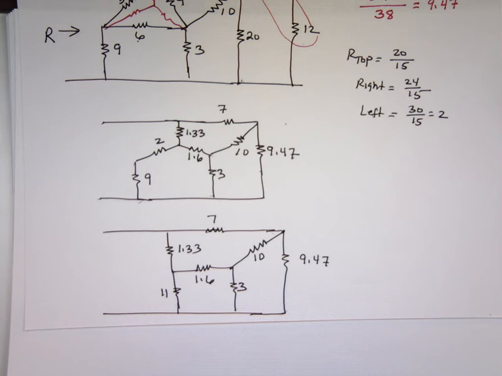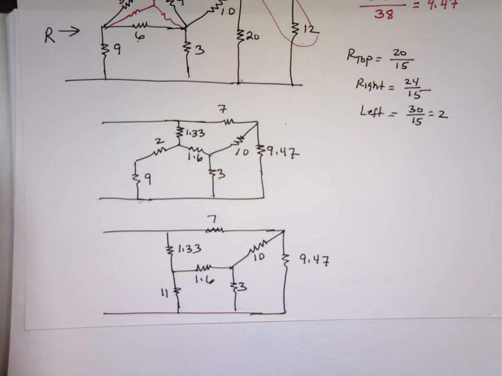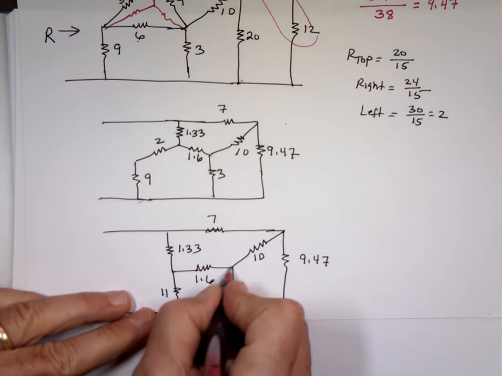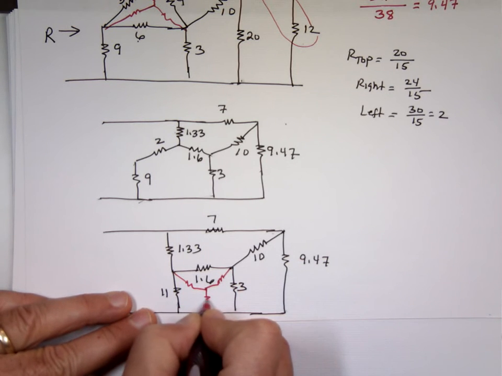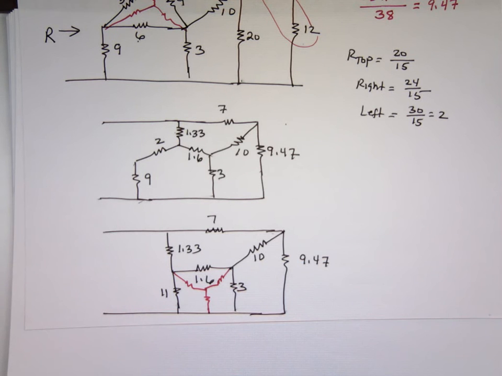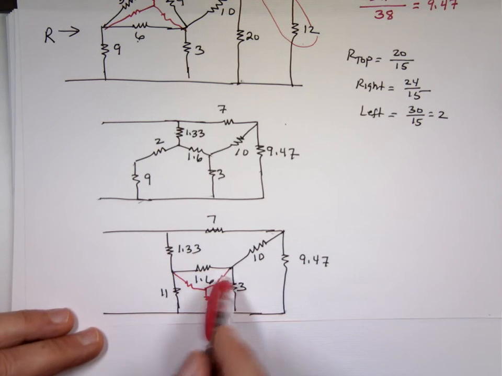Can you make another delta? Where? 11, 1.6. Yes, this one. There's another Y to delta, or delta to Y. Right? So I can replace this, this, and that with the red ones.